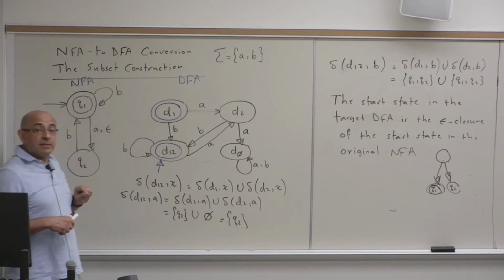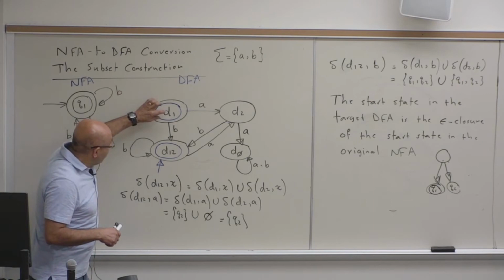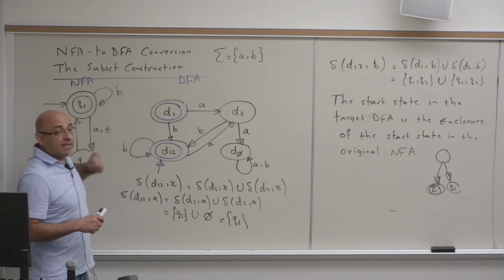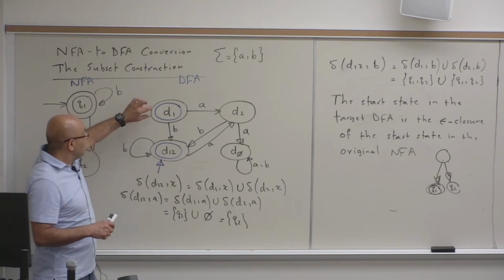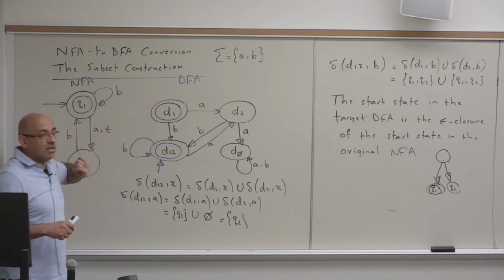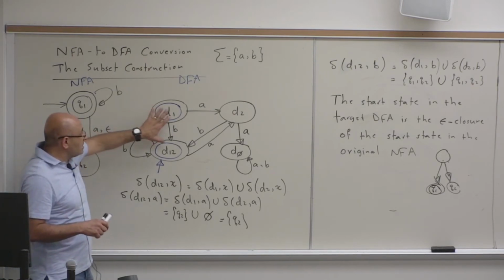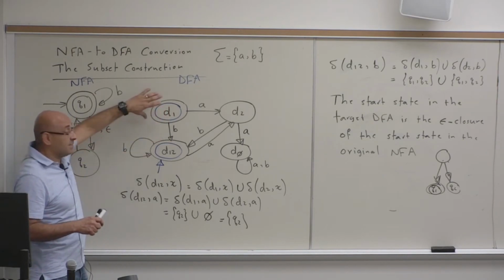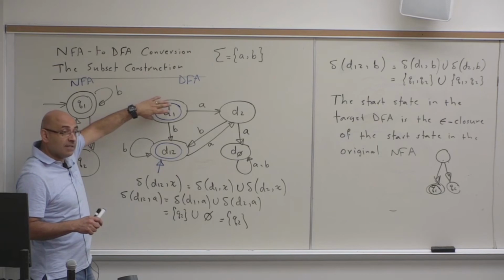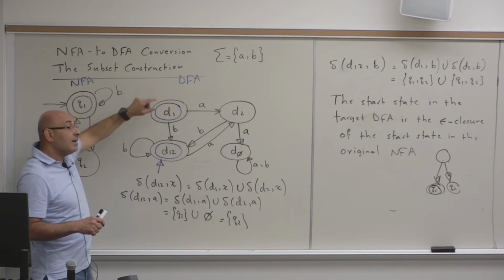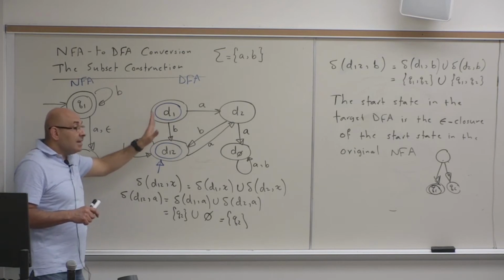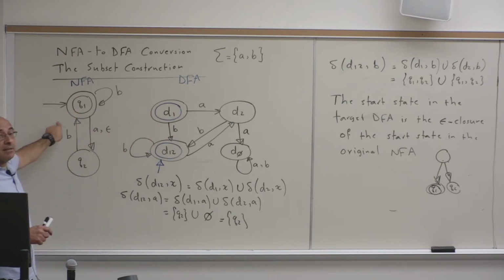Any state that corresponds to a set of states that has in it an accept state in the original NFA. Each state in the DFA is a set of states, and if at least one of the elements of this set was an accept state in the original NFA, then that's an accept state.